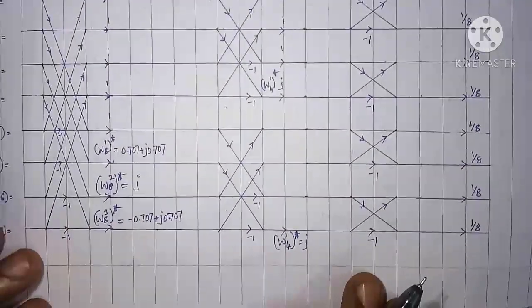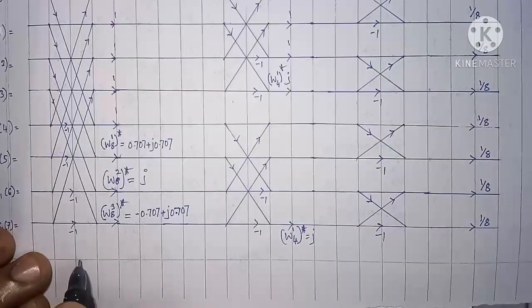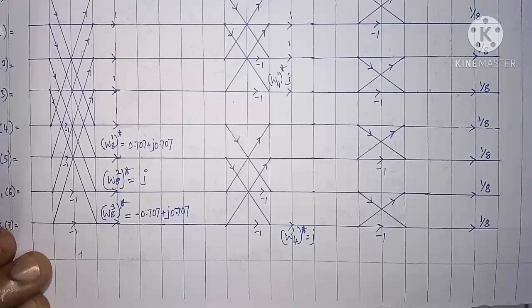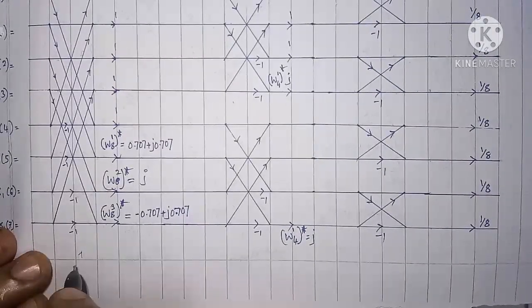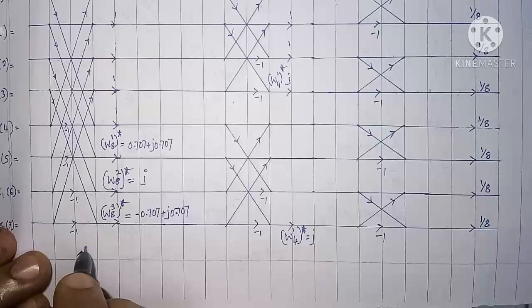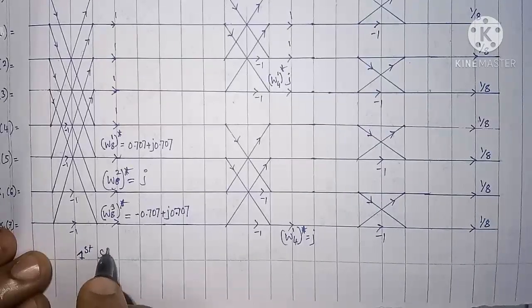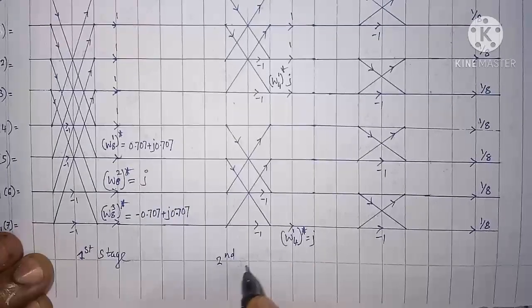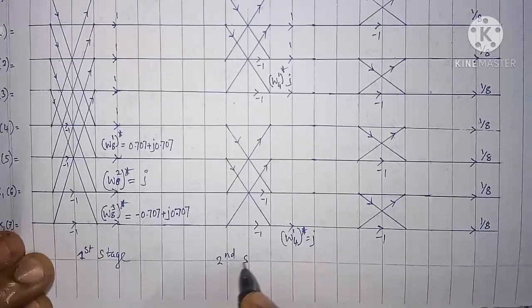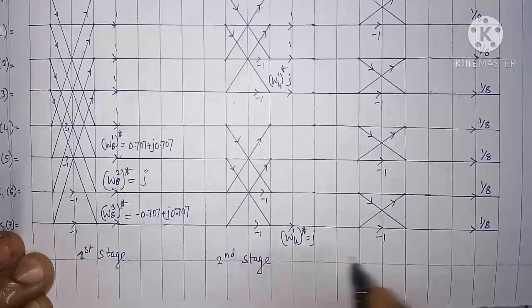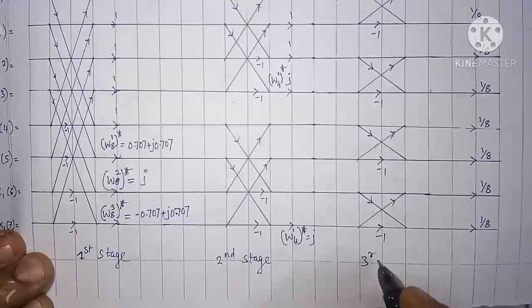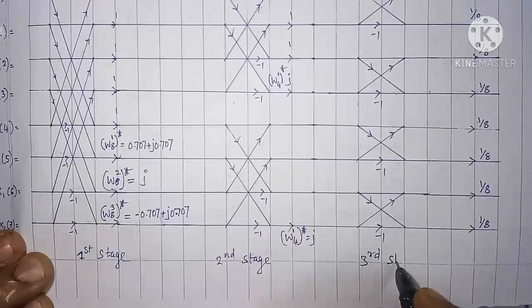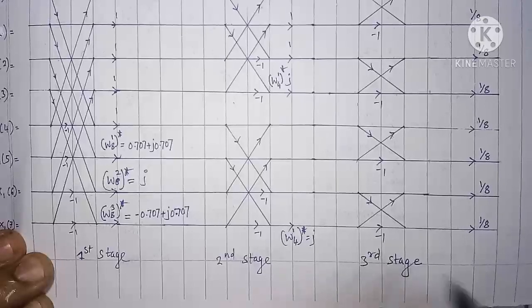In this diagram, here we are having first stage, here we are having second stage, and here we are having third stage.